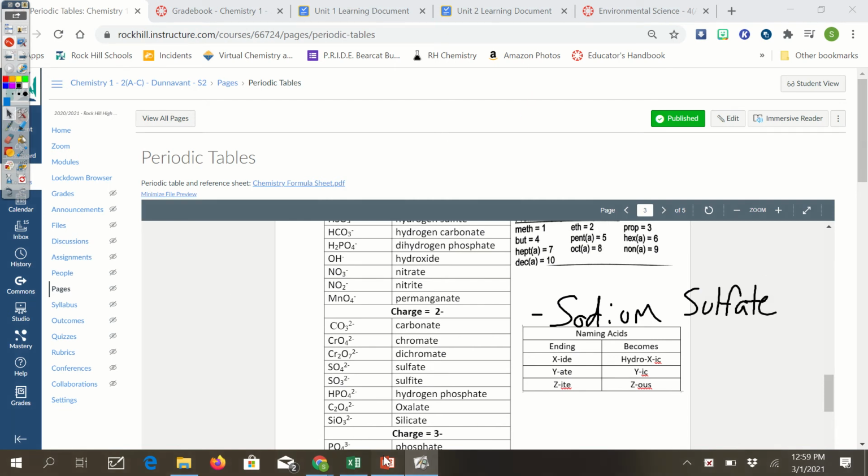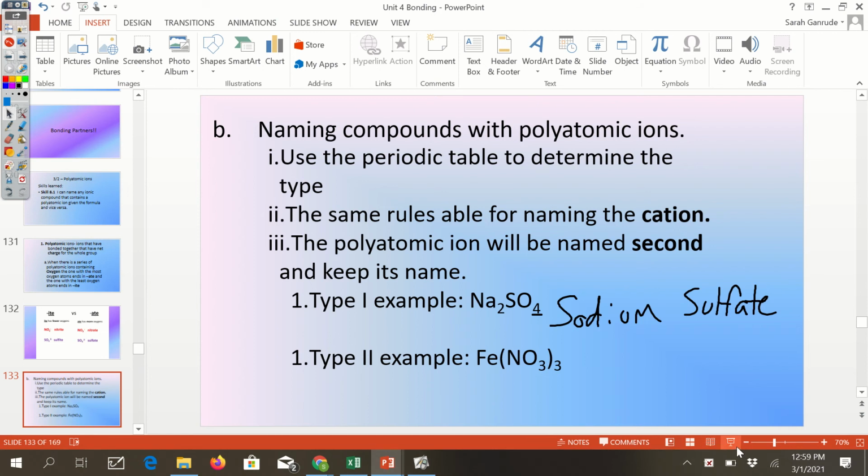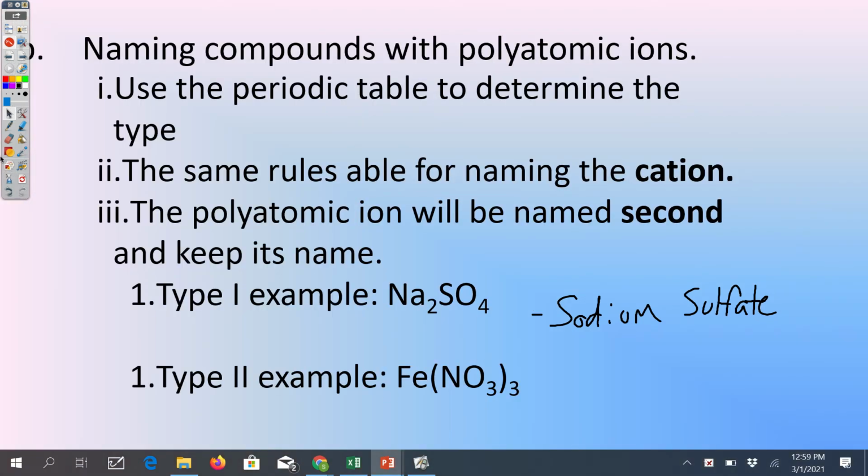All right, so now I'm going to do the second one. Fe is a Roman numeral ionic, which makes this a little more complicated. So I'm going to have to do my algebra. I'm going to call Fe's charge X because I don't know what it is, minus the charge of NO3. If you look on your polyatomic ion sheet, it has just a little negative up there, so that means it's -1.